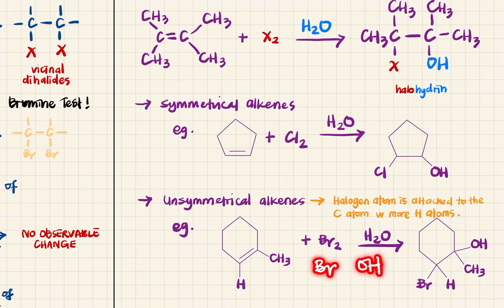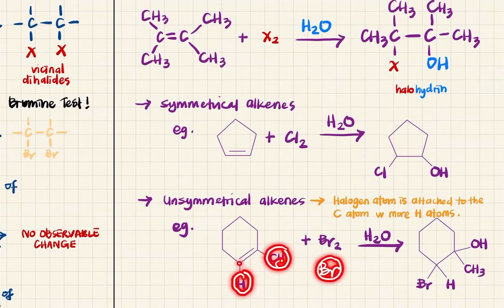It depends on this rule here. The halogen atom will be attached to the carbon with more hydrogen atoms. So your halogen atom, Br, will attach to the carbon that has more hydrogens. Right here you have hydrogen, and right here you only have methyl, no hydrogen.